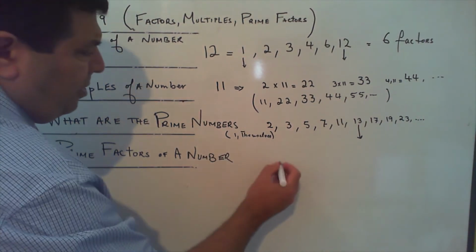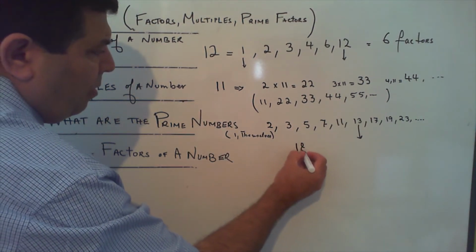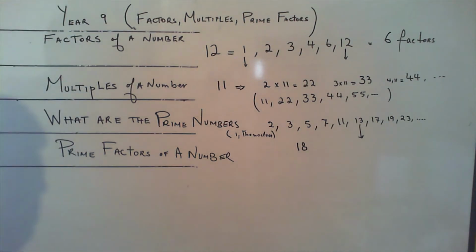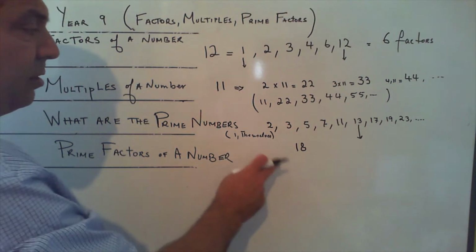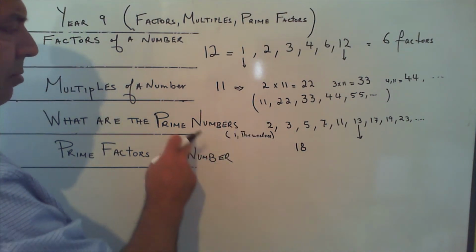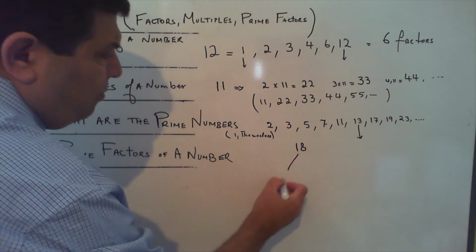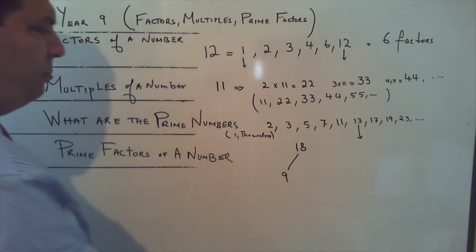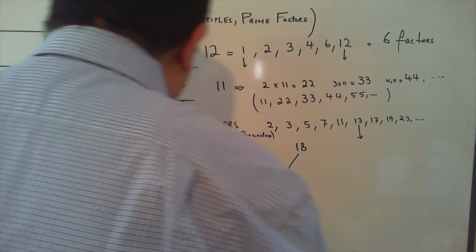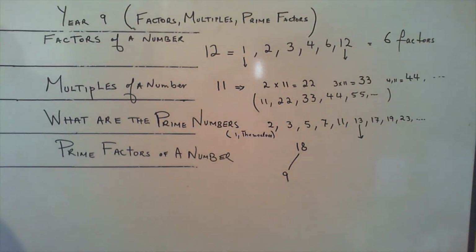If I have 18 and I want to find the prime factors of 18, very importantly, you start by dividing by the lowest prime number. Can I divide 18 by 2? Yes, I can. So what you're going to write here, actually I should have put it on this side.